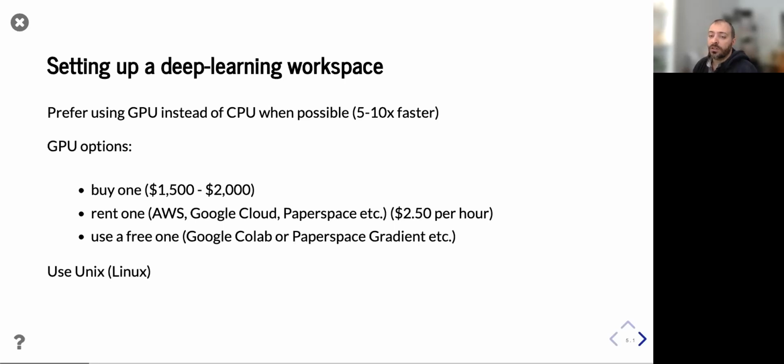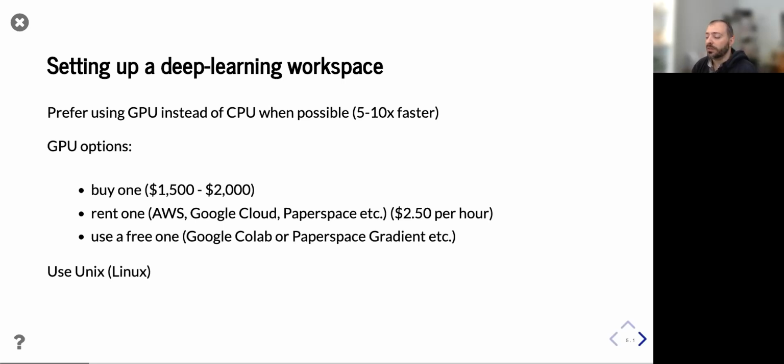And there are different options for a GPU. First of all, if you have one, good. If you don't, you can buy one. I know that the prices in the last months have become higher. You can find a good one for $1,500 or $2,000, maybe. An easier solution would be to rent one. There are many options out there, for example AWS, Google Cloud or Paperspace.